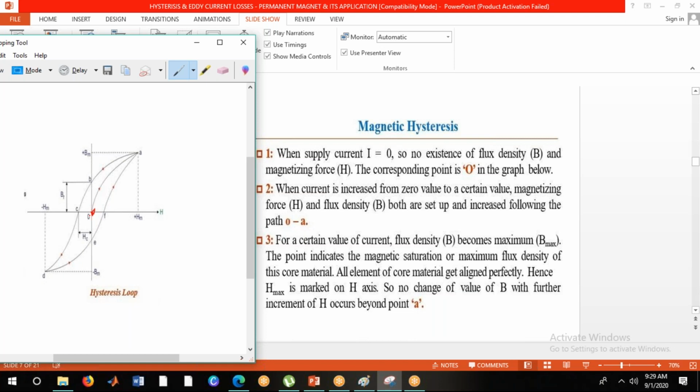After this, when we apply the current, it keeps increasing, and at the final stage saturation occurs.